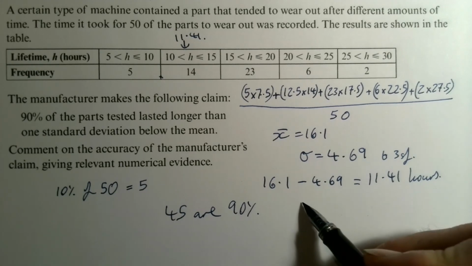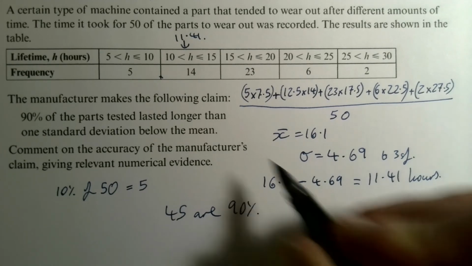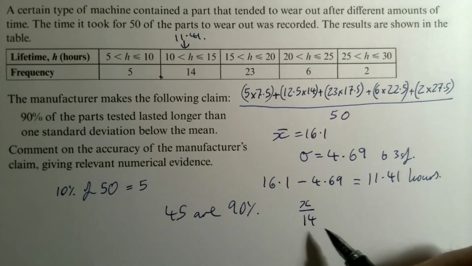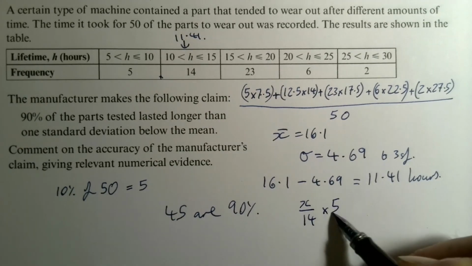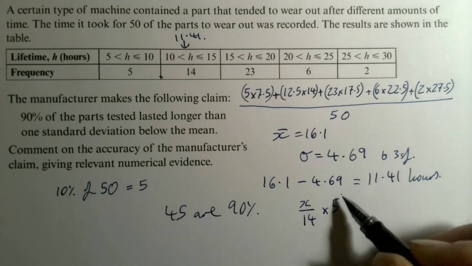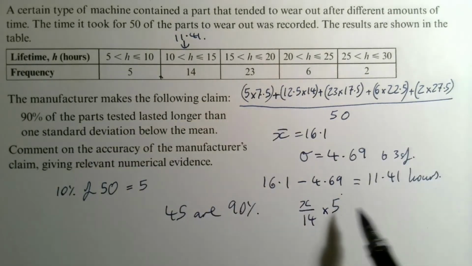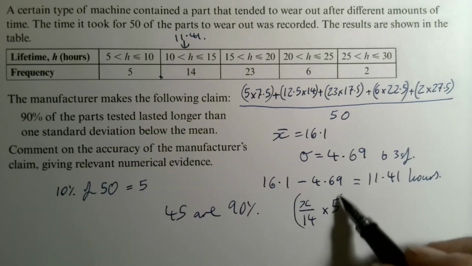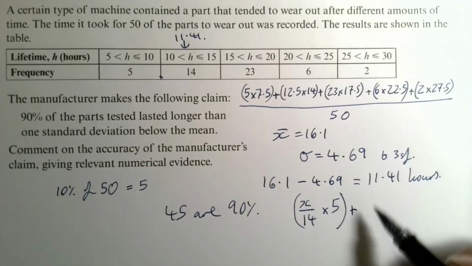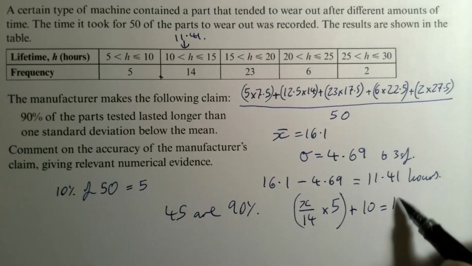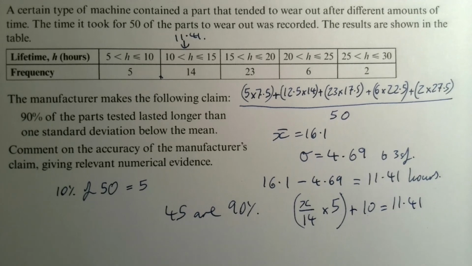I'm going to be saying, right, I don't know how far through those 14 we are, but the class width is 5, so how far through that? And then I would have added that to 10, and it's got me 11.41. So first of all, I'm going to take the 10 away, and then I've got x over 14 times 5 equals 1.41.